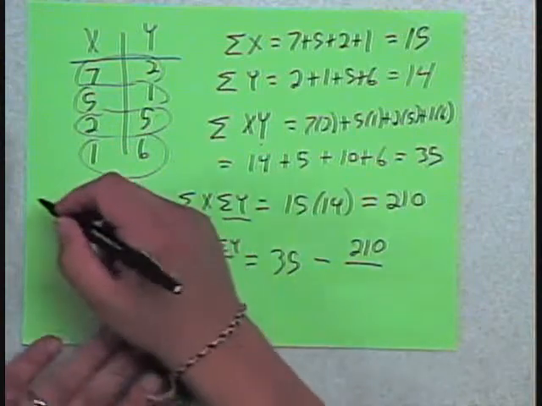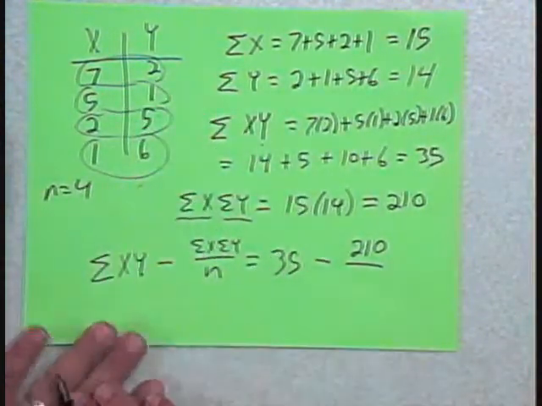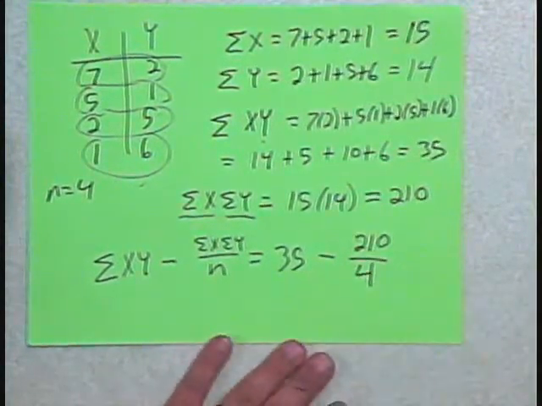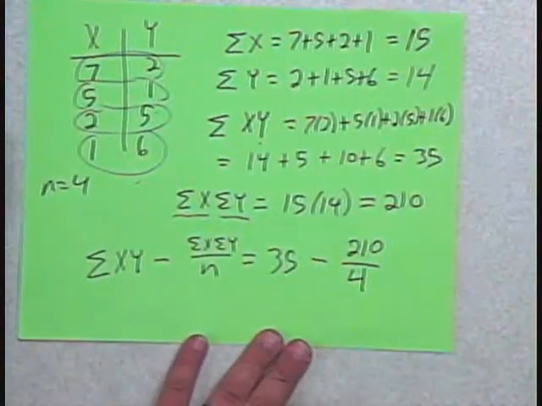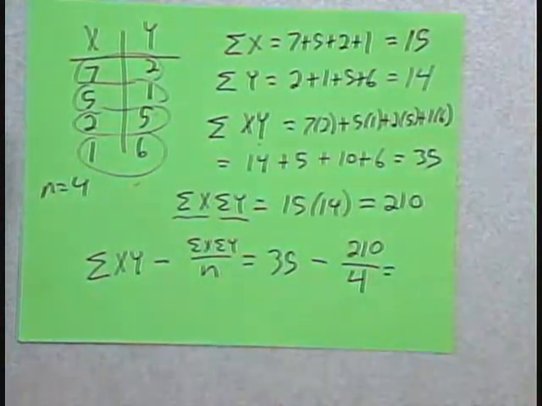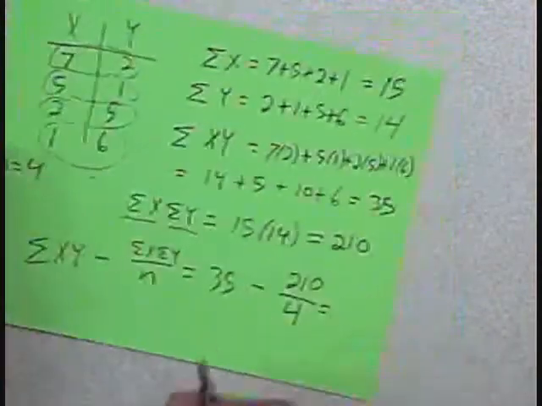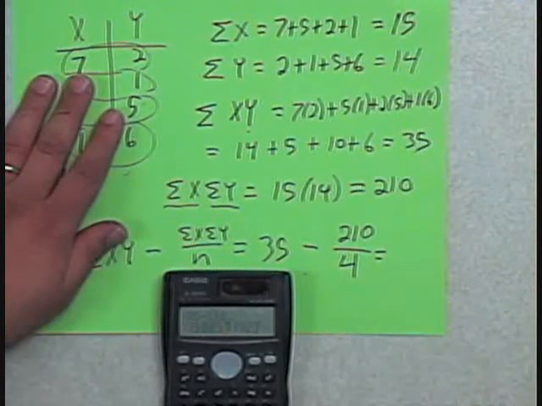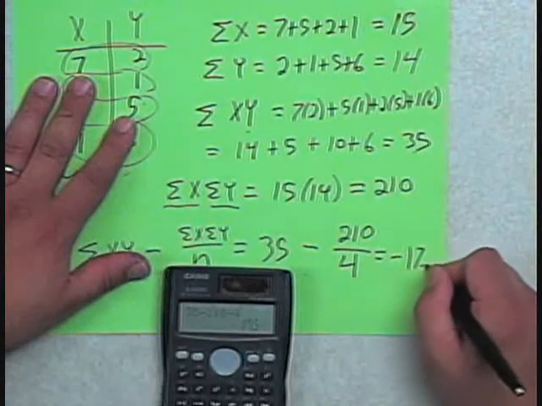The n in this case is 4. So n is the number of ordered pairs that you have. It's not 8, it's not the number of numbers, it's the number of pairs. So then when I do this, 35 minus 210 divided by 4, I get a negative 17.5.